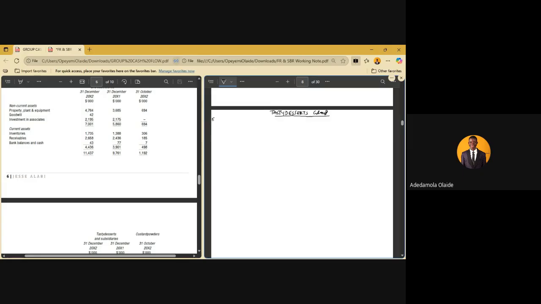So we will have the statement of cash flow for the year ended 31 December 20x2.